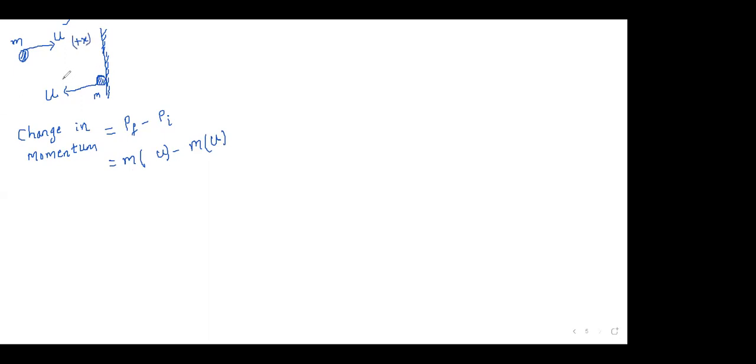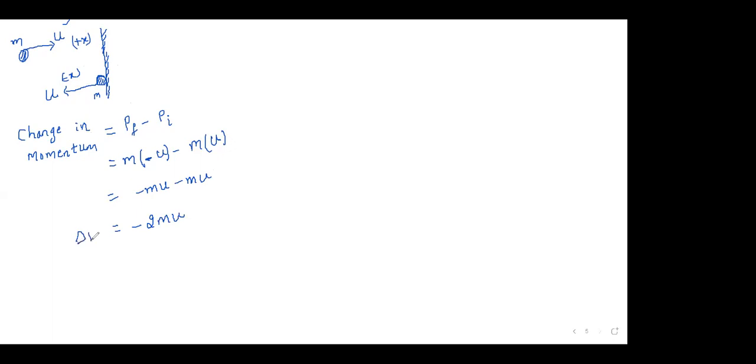After rebounding, it has changed the direction, isn't it? So it becomes negative x-axis. So this final velocity will become minus u because it is opposite to the initial one. So this is equal to minus mu minus mu. Therefore, this is equal to minus 2 times mu.